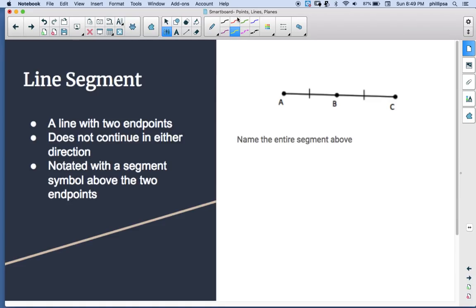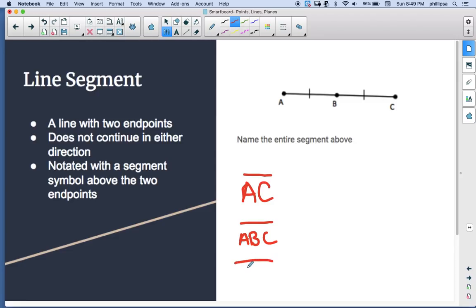So what I have here would be segment AC. So instead of showing the arrows at the end of the 2 endpoints, I just simply stop it and say line segment AC. Okay, this would be the same as line segment ABC.